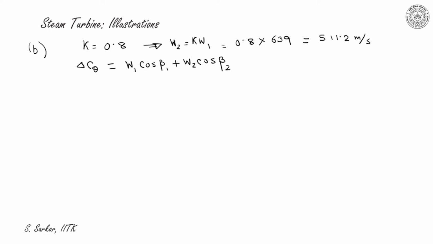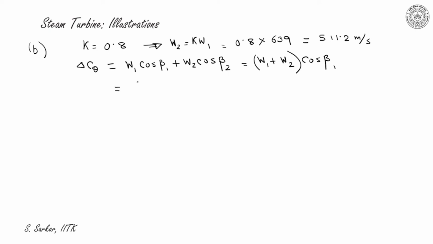Beta 1 and beta 2 are equal, so it would be W1 plus W2 into cos beta 1, and thus I have calculated W2.